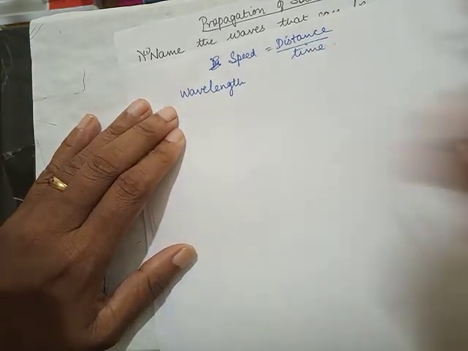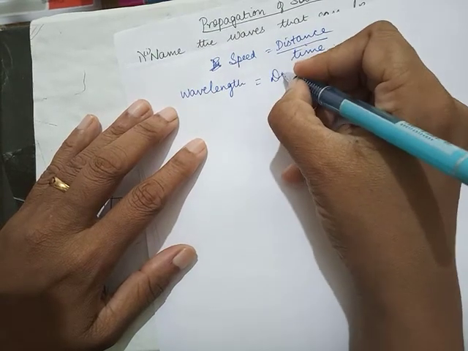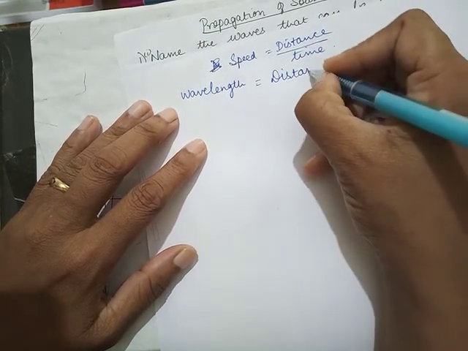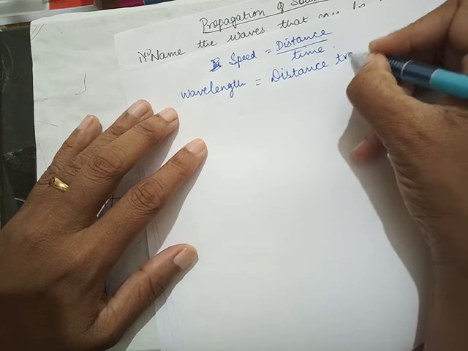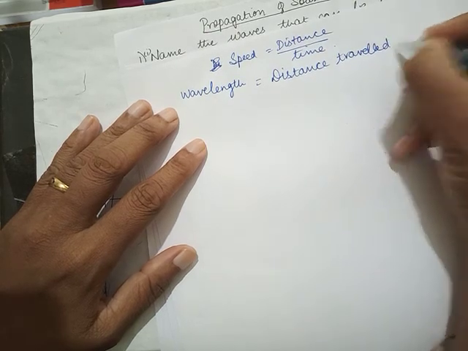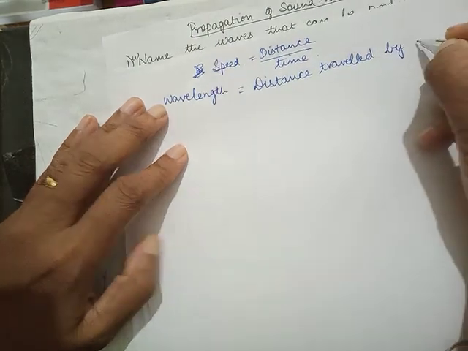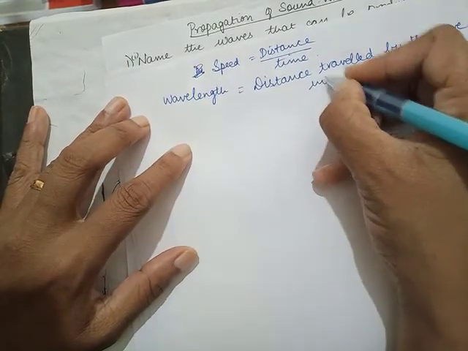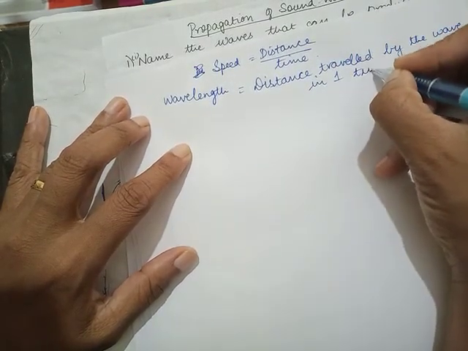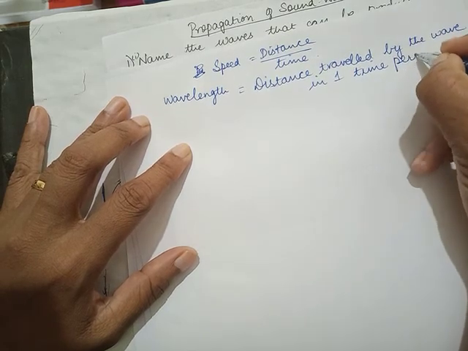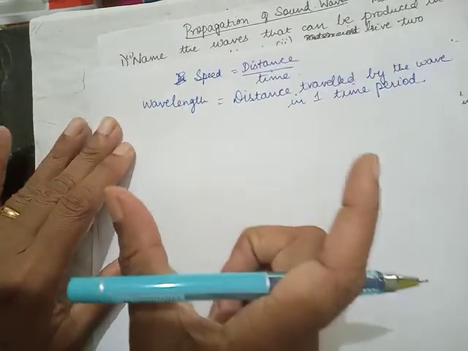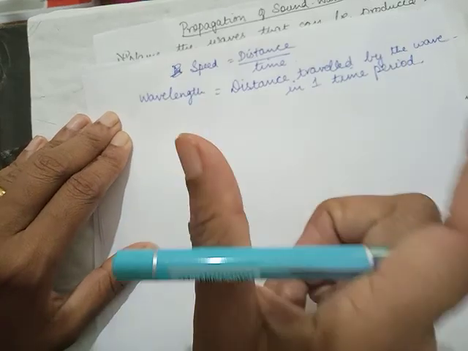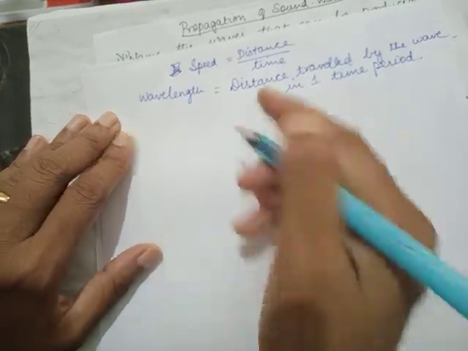Okay, so wavelength is the distance traveled by the wave in one time period. In the diagram also we mark lambda as the distance traveled by the wave in one time period.